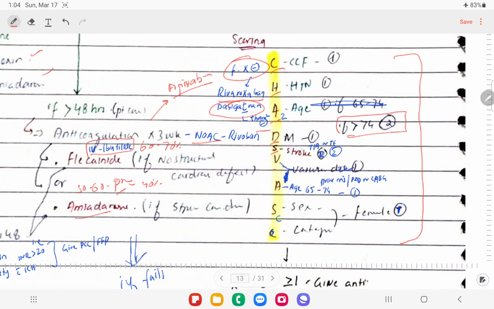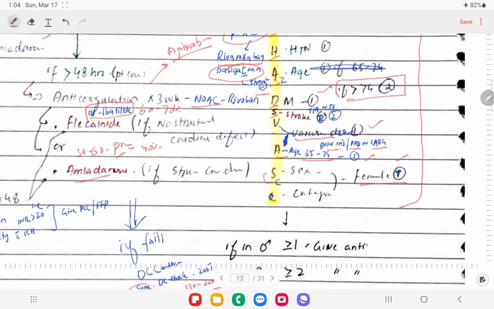If the patient is having diabetes, or S stands for stroke or TIA-like event, and vascular disease, if the patient is having prior MI or peripheral artery disease or CABG, 1 score for that. Age 65 to 74, 1 score for that. And sex category, that is female, 1 score for that.